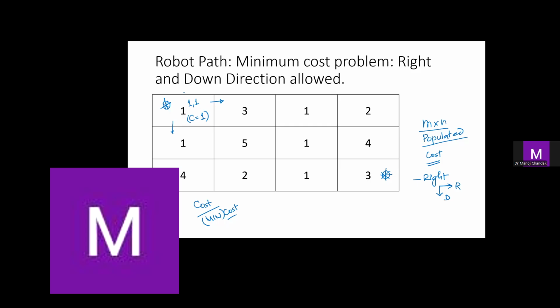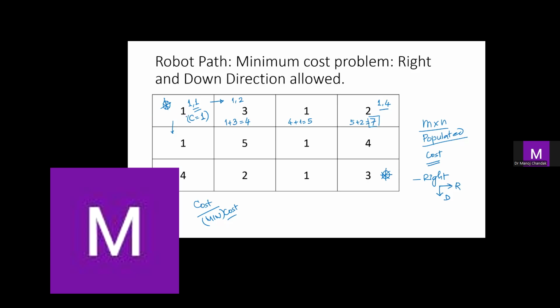Since there is no up cell, we are just taking the first movement as the right movement. So from 1 comma 1, if it is traveling to 1 comma 2, the cost of travel will be 1 plus 3 equal to 4. Similarly, it will be 4 plus 1 equal to 5 and 5 plus 2 equal to 7. So to travel from the cell 1 1 to 1 4, the cost of traversal will be 7.